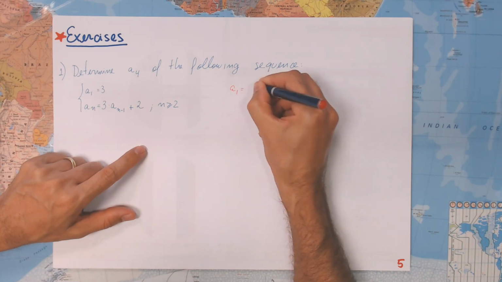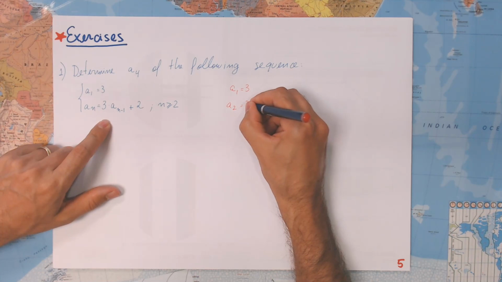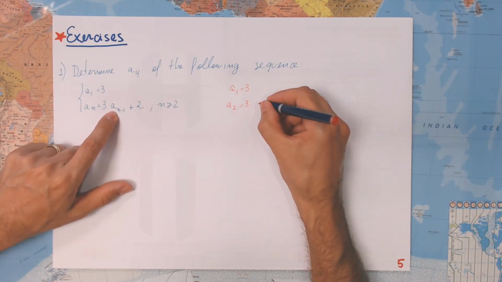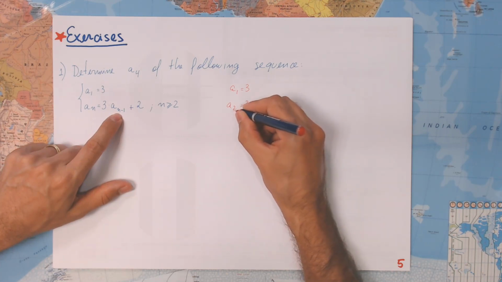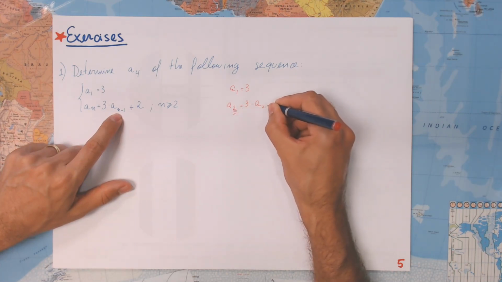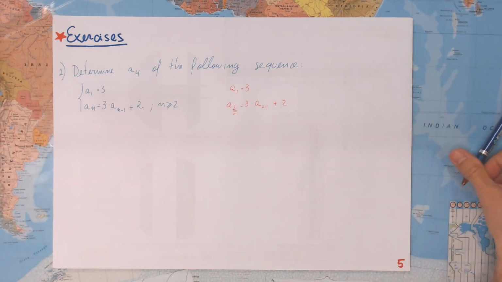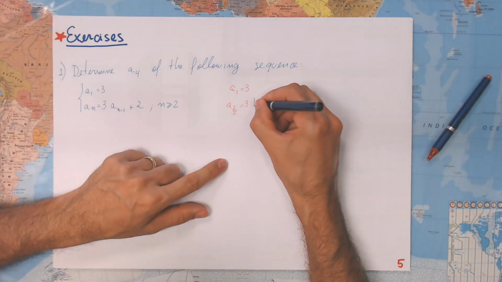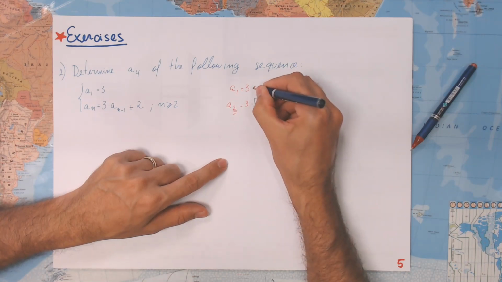A1 is given, good. A2, what is it? It is 3 times a sub n, n is 2, so it is a second term, 2 minus 1, which is a1, plus 2. But what is this? This is this one, isn't it?